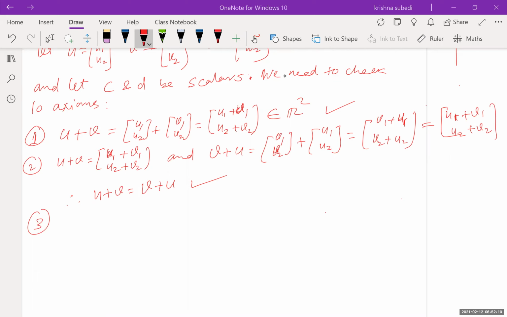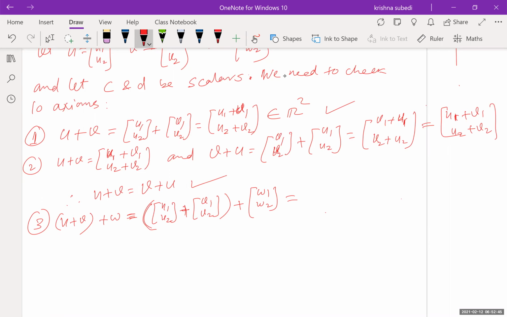Axiom 3 is associativity under addition. So associative under addition means (u plus v) plus w equals u plus (v plus w). Let us look at what happens. U plus v: u is u1, u2 plus v is v1, v2, plus w is w1, w2. Remember, because of the brackets, we have to use the order of operations.